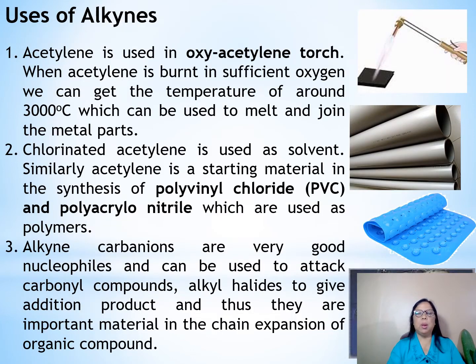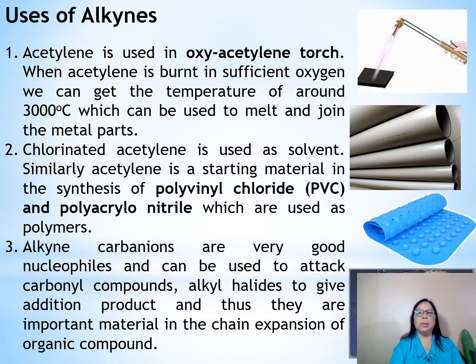What are the uses of alkynes? Alkynes or their byproducts are usually seen in our day-to-day life. Acetylene is used for welding. It is used as an oxyacetylene torch. For the gentlemen, maybe they are very familiar with this.